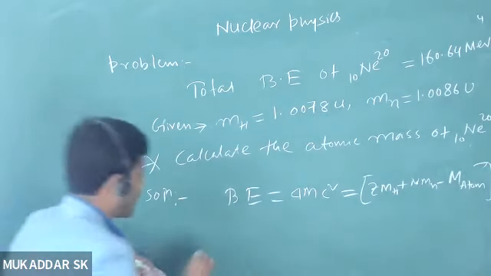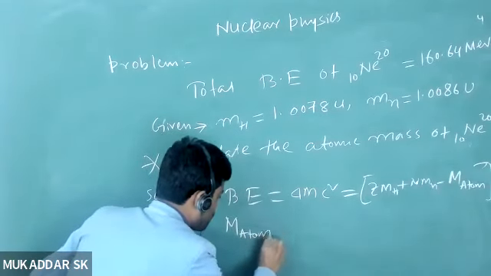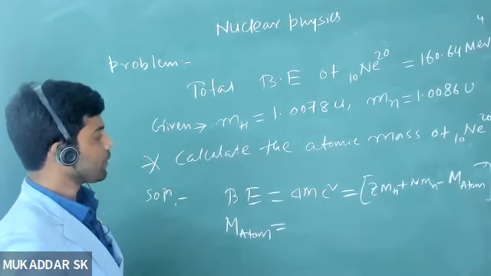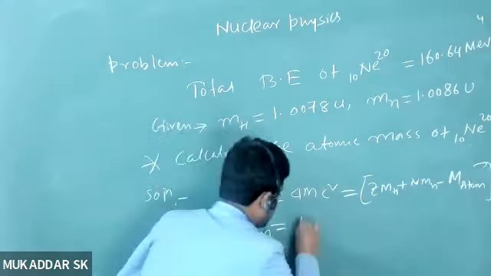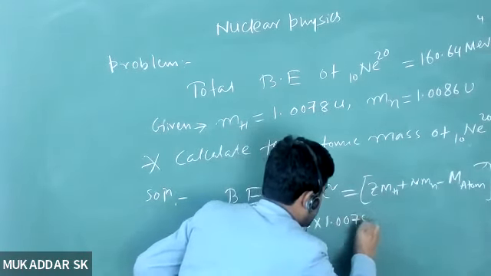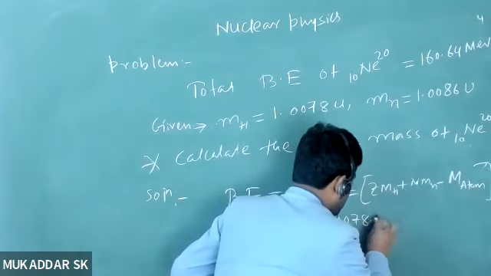So if I write the atomic mass of neon, how much is Z? 10 exactly. So 10 into mH, which is given as 1.0078, and the unit is basically atomic mass unit.